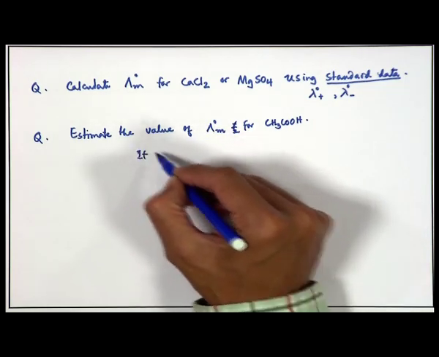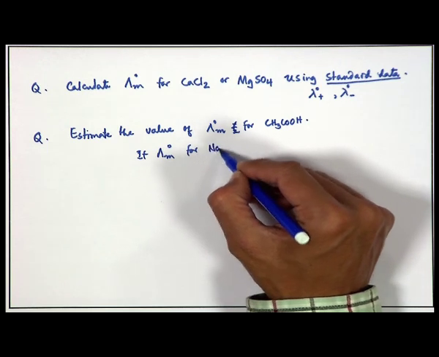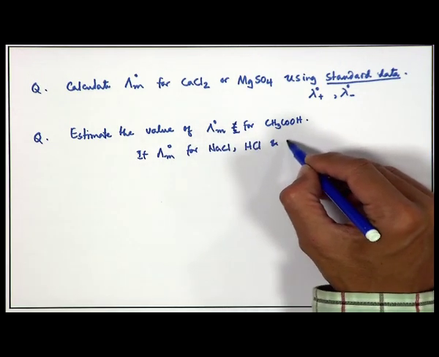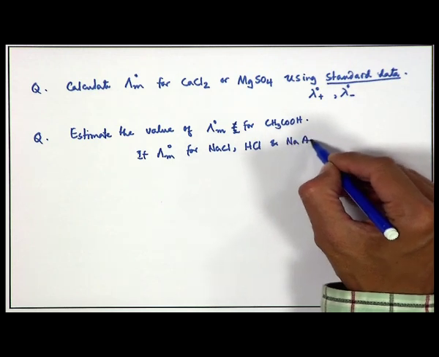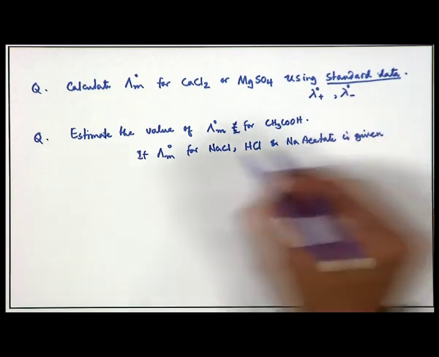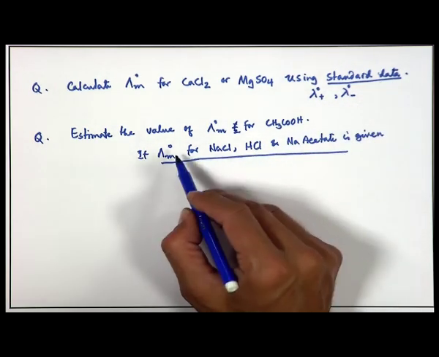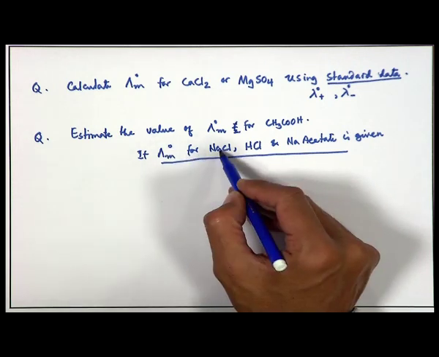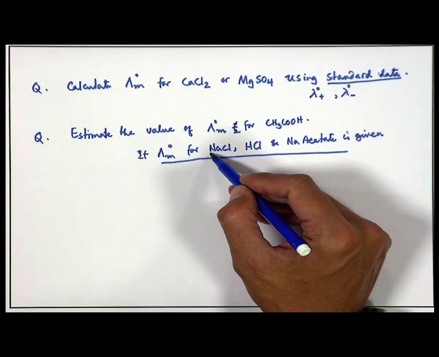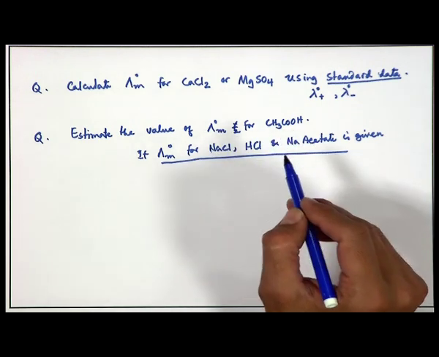If lambda m 0 for NaCl, HCl and sodium acetate is given, or in place of this you can use the standard data to find out lambda m 0 for NaCl, HCl and sodium acetate, then plug this information into the appropriate equation to find out lambda 0 for CH3COOH.